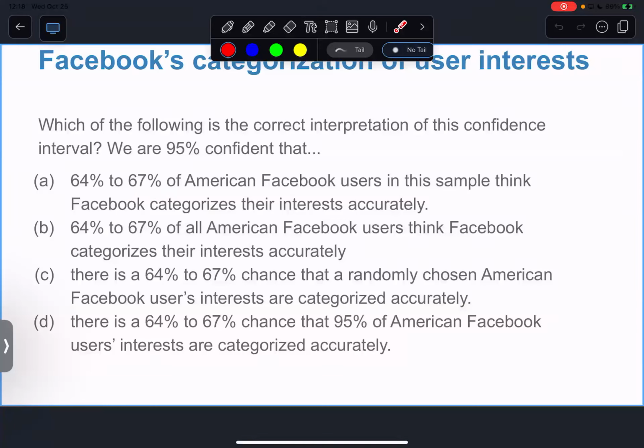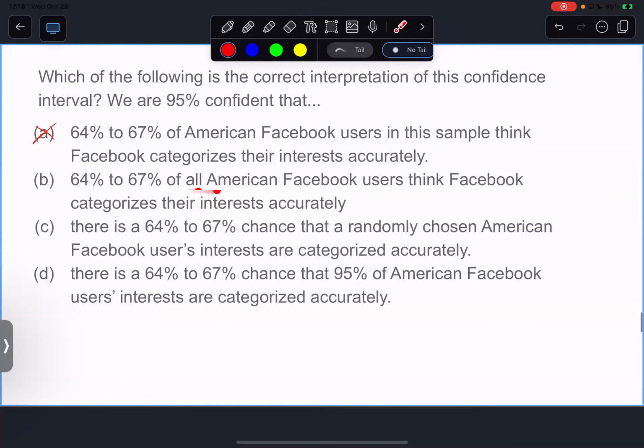So there's no range here, so it's not this one. 64 to 67% of all American Facebook users think Facebook categorizes their interests accurately. I think that one we'll keep, because I'm happy about this of all American Facebook users, because that's the key with these confidence intervals, is that they're capturing the population thing. So I'm going to parking lot that one.